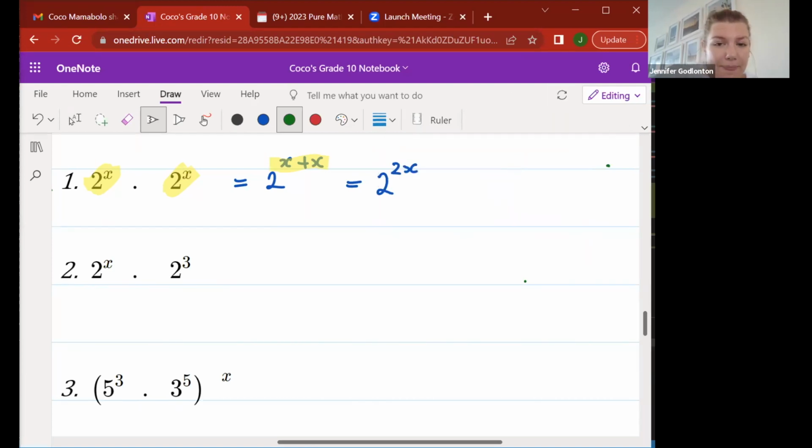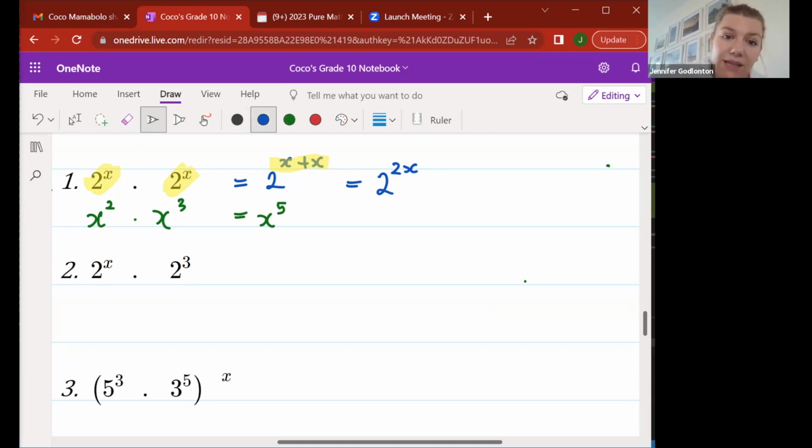We don't multiply the bases, the same way that we wouldn't multiply the bases if we had x squared times x cubed. The bases stayed the same and we just added our exponents. So when our bases are the same, they stay the same, we just add the exponents.